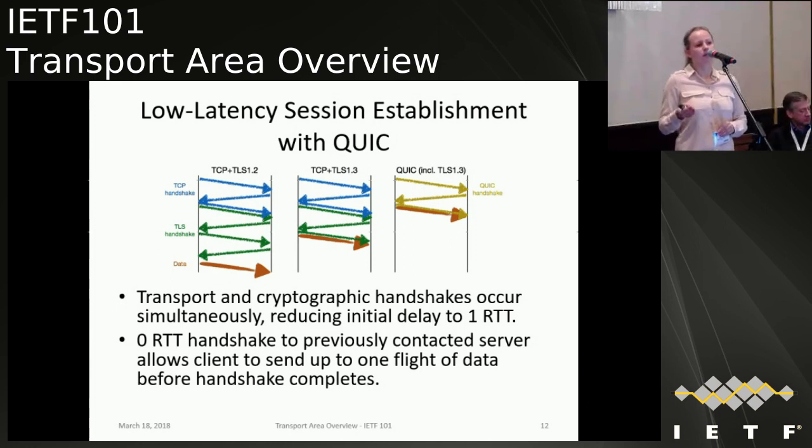Due to the integration of the encryption into TLS, you even save the transport handshake. The crypto handshake is combined with the transport handshake, and you can start sending data to a resumed session right from the beginning with the very first packet. So you send out your first hello to the server, and you immediately send out your HTTP request as well. And then as soon as the server has calculated the crypto context, it can send you the data you need.